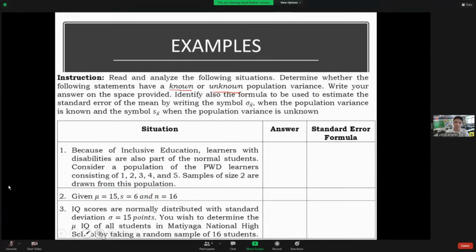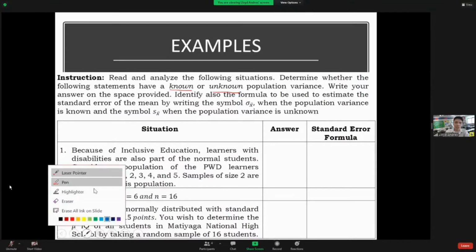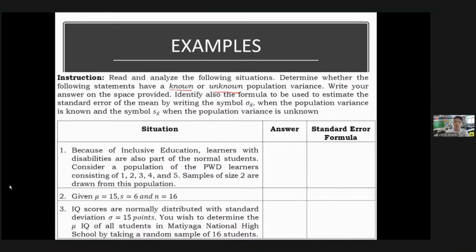So, sa kana ba nga given, known ba ang atong population variance or unknown? Ang given lang is data nga population, from the word population. So, though wala gihatag directly ang population variance, ang gihatag lang data from the population, we can say that known gihapon siya.